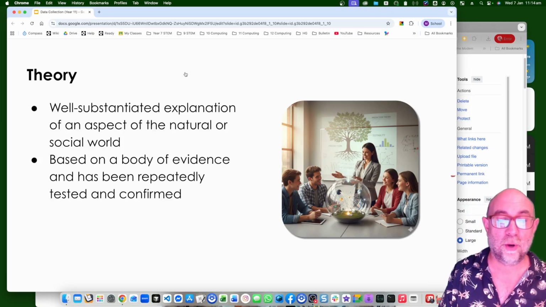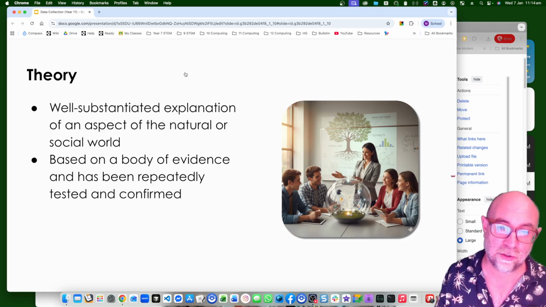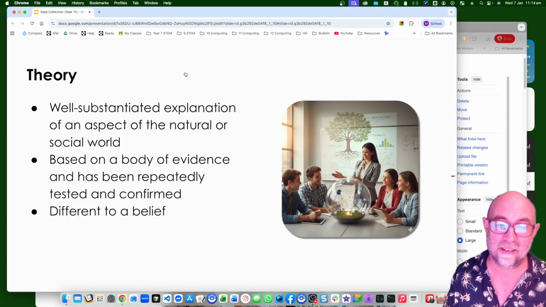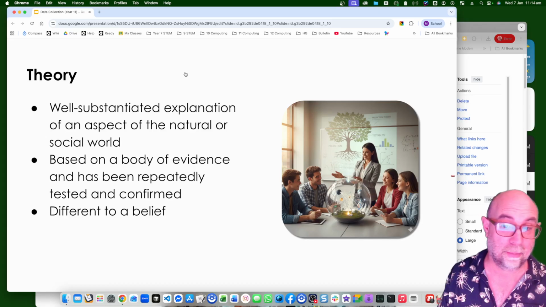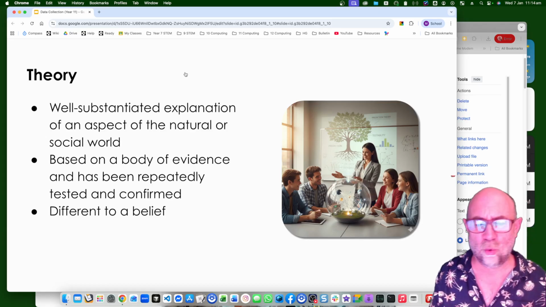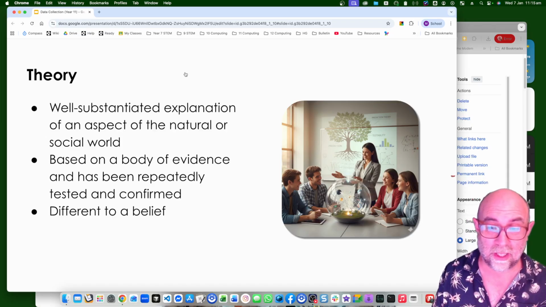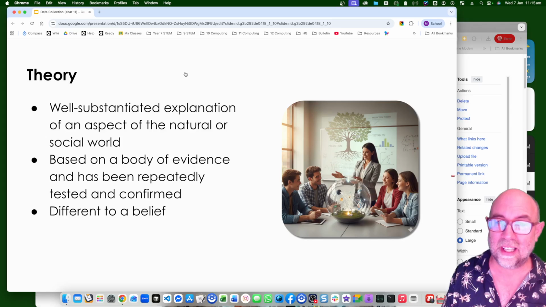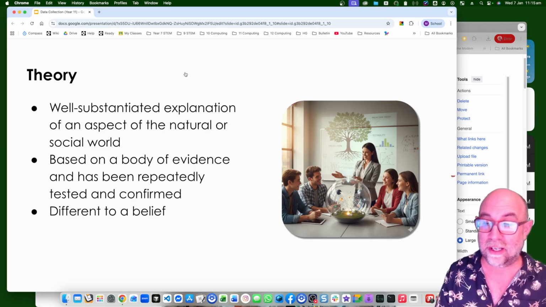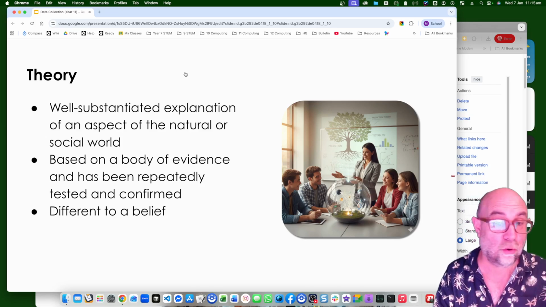And a theory is based on a body of evidence that has been repeatedly tested and confirmed. So a theory is different to what I would call a harebrained idea, or more benignly just a belief that birdsong warms up my house. I'm perfectly entitled to hold that belief, but it probably doesn't rise to the level of being a theory. I have noticed in recent times that there's this idea that all theories are equal.